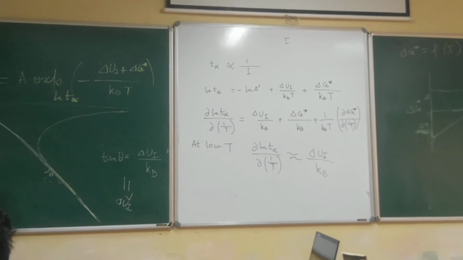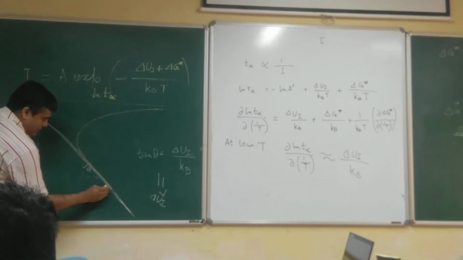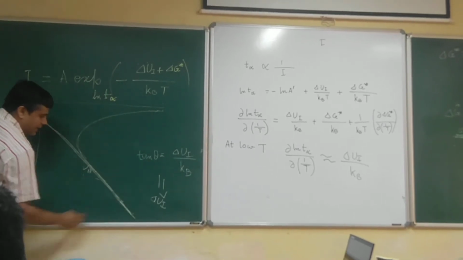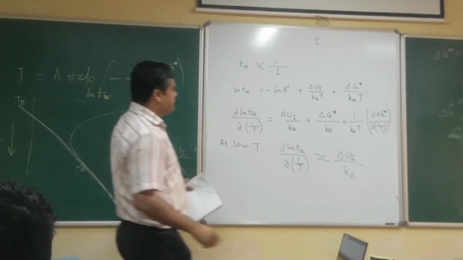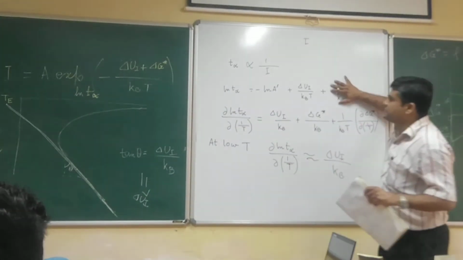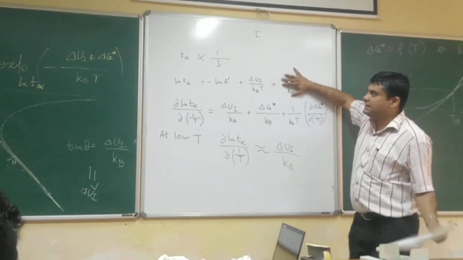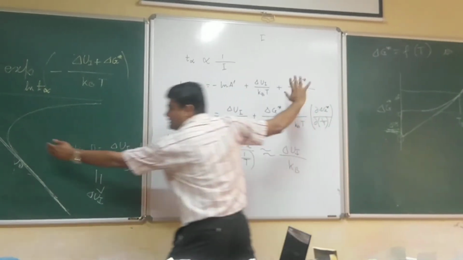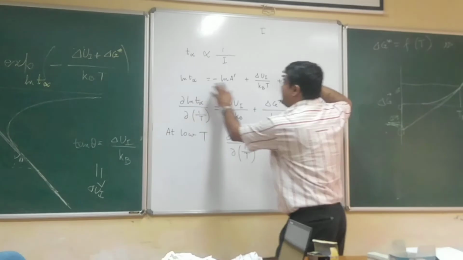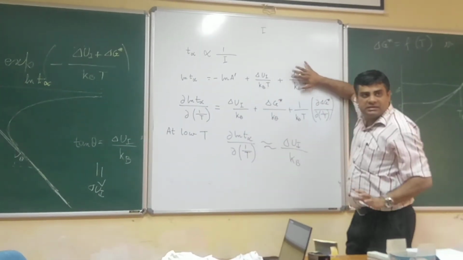What is the equation for this curve at low temperature? Equation for that curve will be ln T alpha. So this will be 0. At low temperature, the equation for this linear part is ln T alpha equal to minus ln A dash plus this one. This is 0.